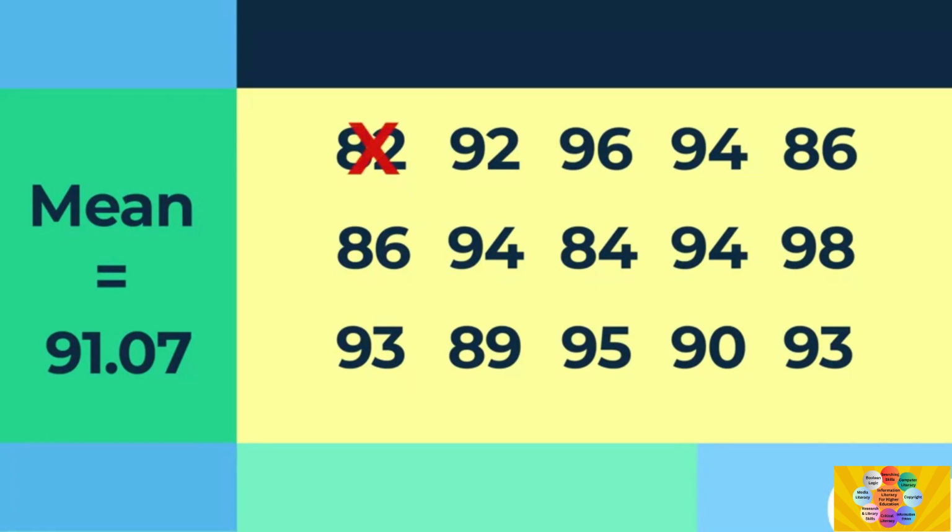If instead of an 82 this student scored a 10, the mean would be 86.27 instead of 91.07. The mean can be greatly affected by just one outlier, which then makes it less representative of the distribution as a whole. When a dataset has outliers, other measures of central tendency may be more appropriate.